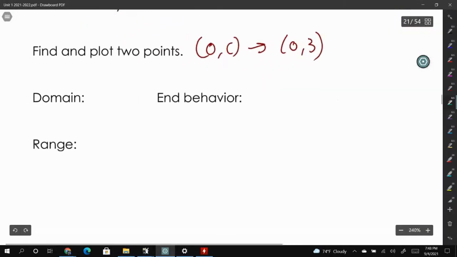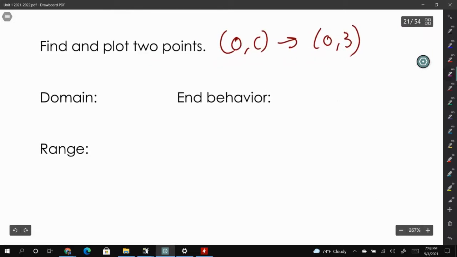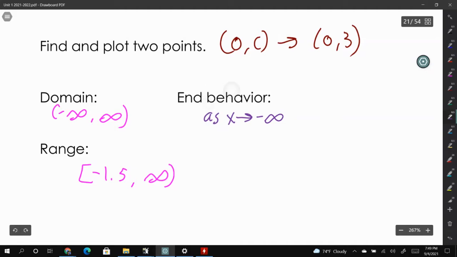Now we can do domain, range, and end behavior. Domain by now, hopefully you know it's always negative infinity to infinity. Range, we're open upwards. So the y-coordinate of our vertex is our smallest value, and the largest y value goes all the way to infinity. End behavior: as x approaches negative infinity, that's the left side, the left side goes up.